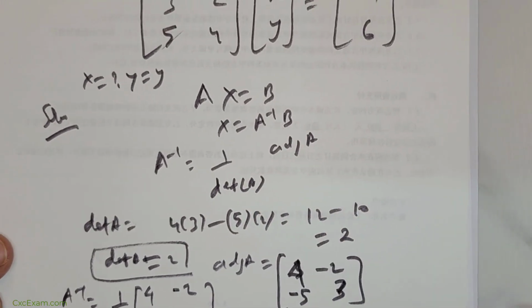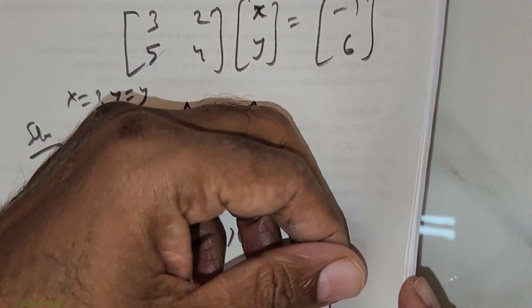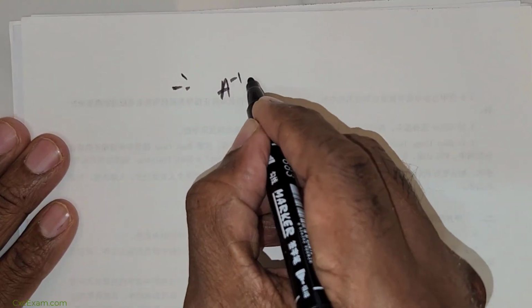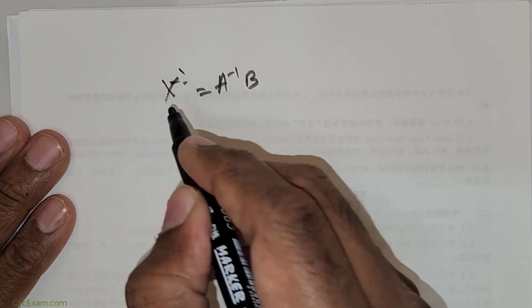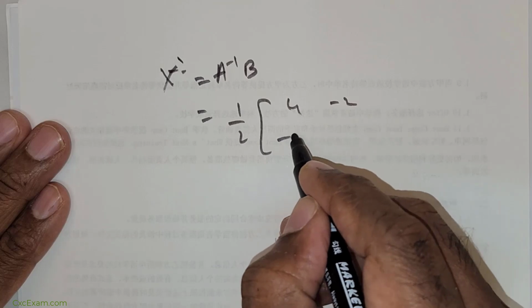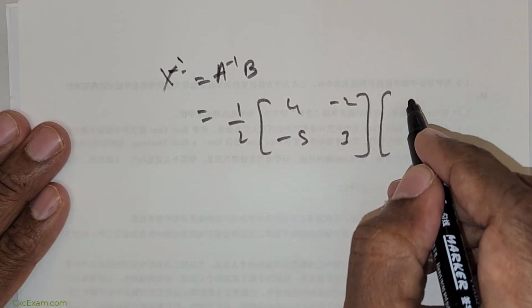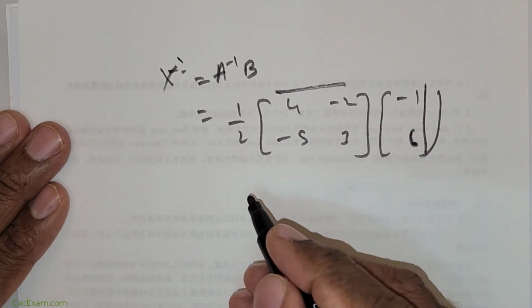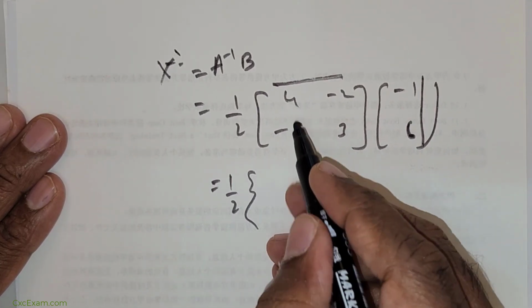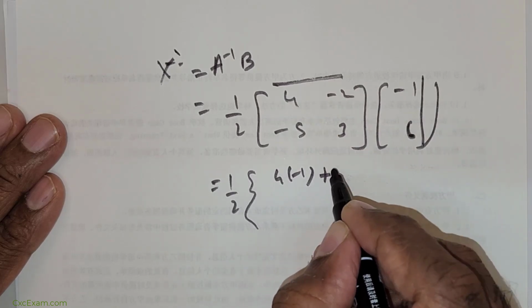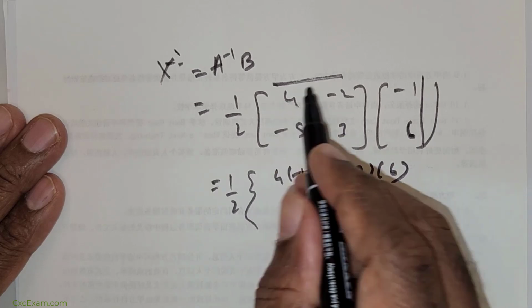The next part is, you will have to take the inverse A inverse times B. This is going to give me my X. So it's going to be 1 over 2, [4, -2; -5, 3] times B, which is [-1; 6]. So row is multiplied with the column. So 4 times -1 plus -2 times 6, row with the column.